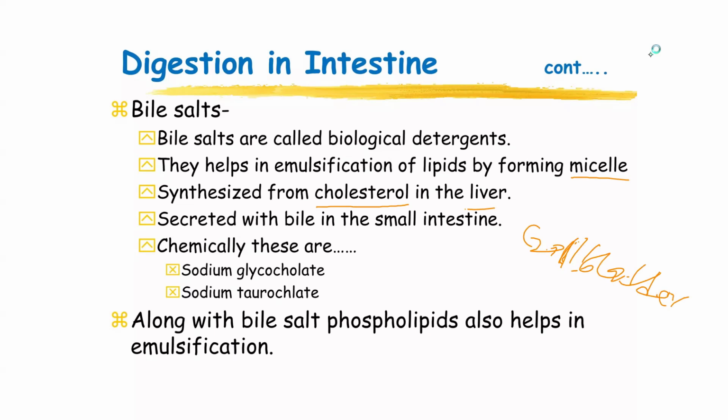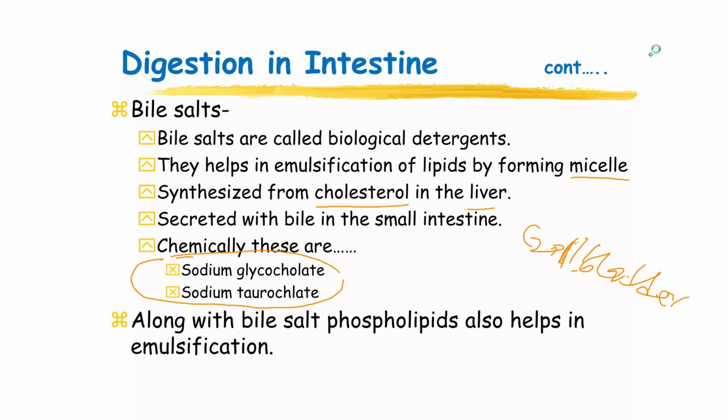Chemically, when we say bile salt, they are called sodium glycocholate and sodium taurocholate. Sodium taurocholate and sodium glycocholate are the chemical nature of the bile salt.